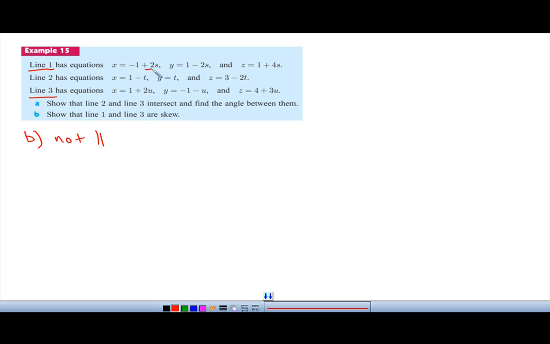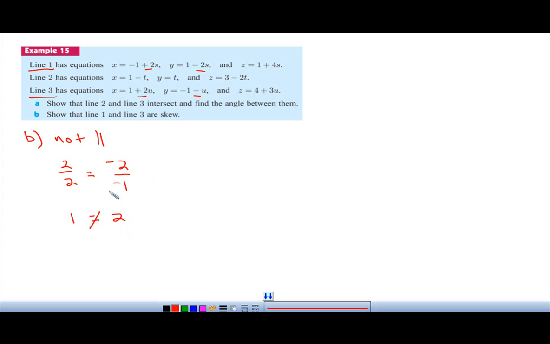So here's the coefficient right here, 2. Coefficient 2, so we have 2 over 2. Is that equal to? And over here we have negative 2 over negative 1. And we don't even need to compare the third one, because if you just look here, these are not going to be equal. Over here we get 1, over here we get 2. So these are not equal already. So that means that the lines are not parallel.